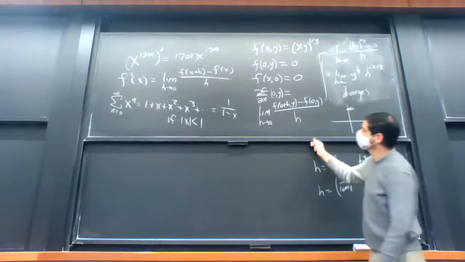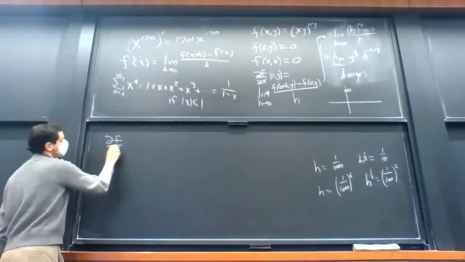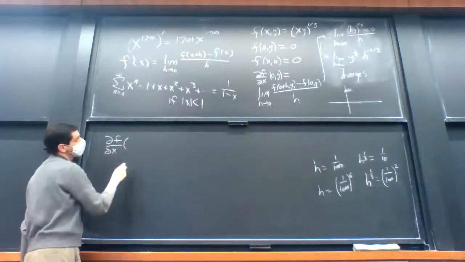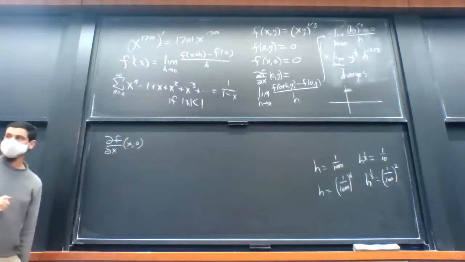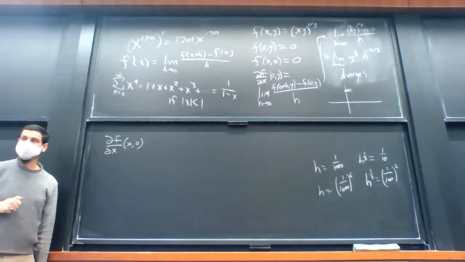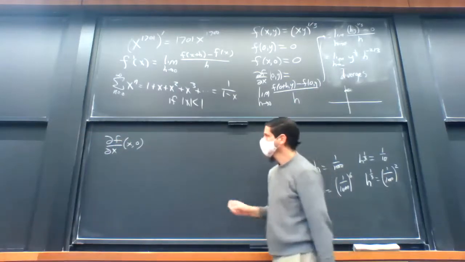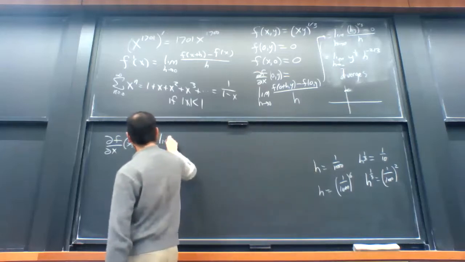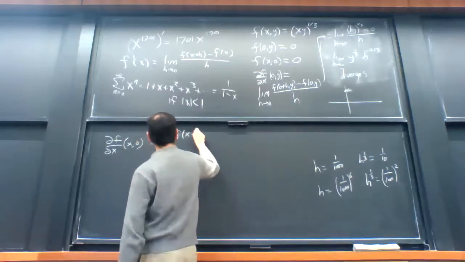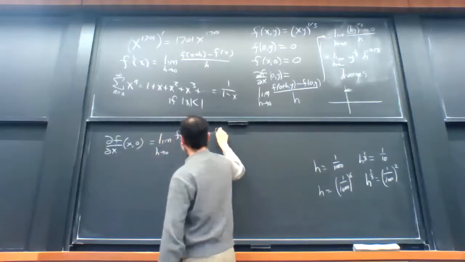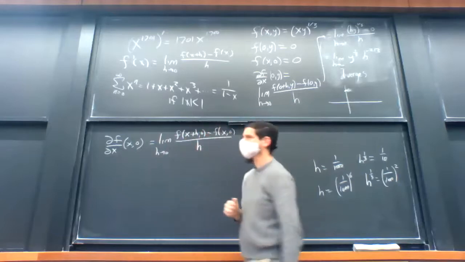Let's try looking at df dx at some point x comma 0. So now we're going to stay on the x-axis. Before, we were on the y-axis. And so this will be the limit as h goes to 0 of f of x plus h, 0 minus f of x, 0 over h.